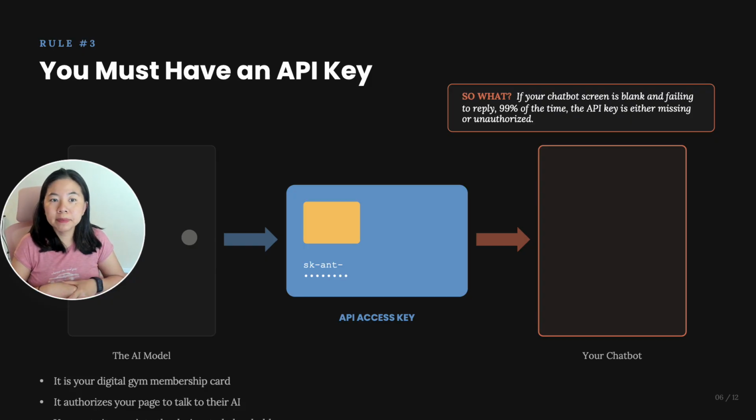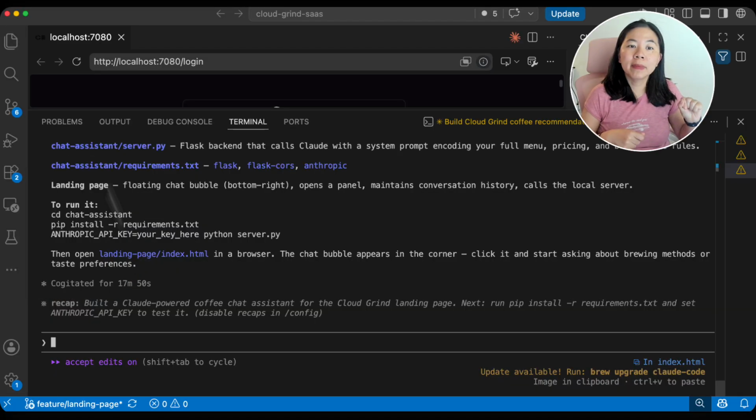The gym is your AI model, and the code that you've written is you. Getting through the door of the AI model requires you to have that membership card, which is your key. Without that card, you're not going to get through no matter what you type in your code.